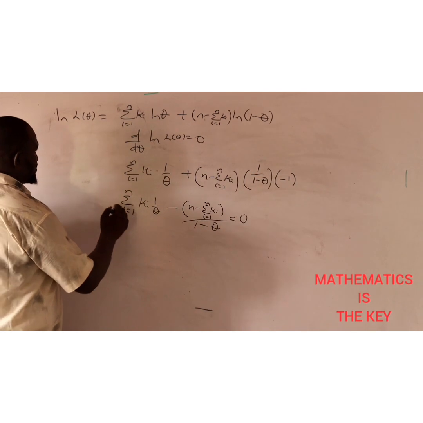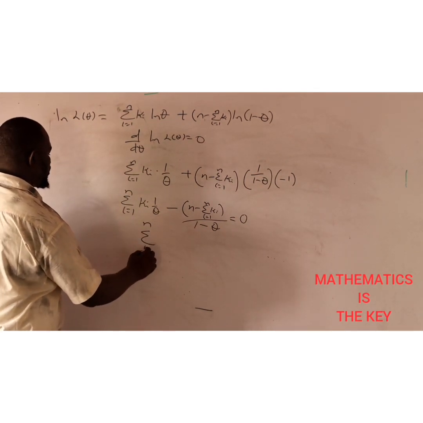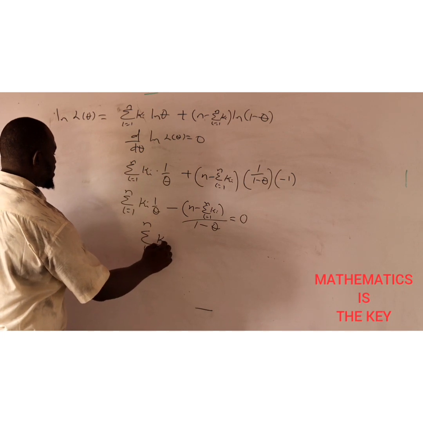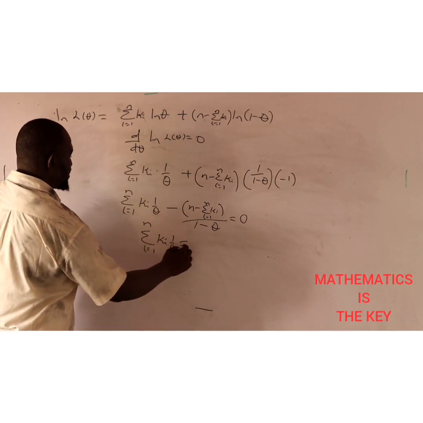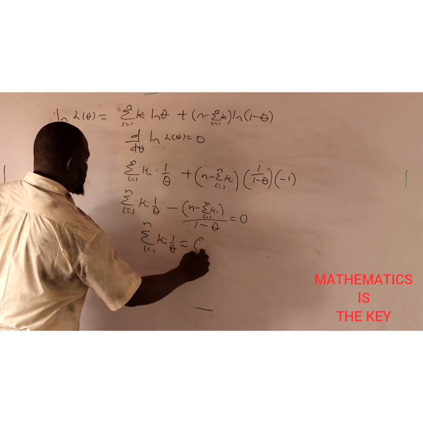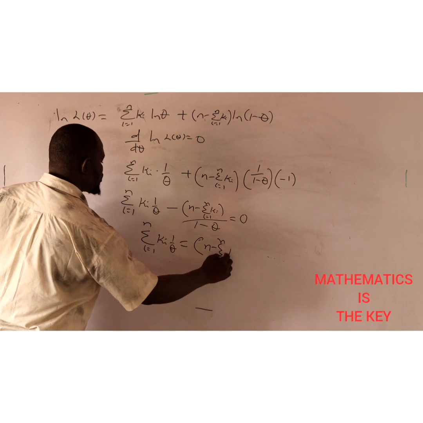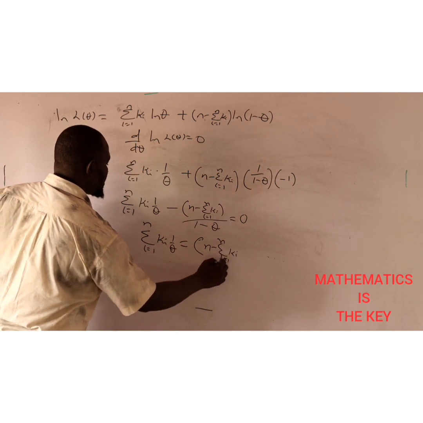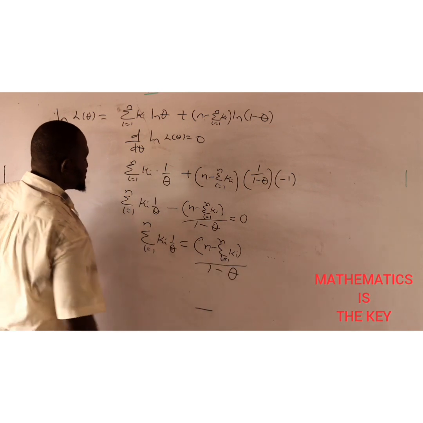Rearrange this. We will have summation from i equals 1 to n of ki times 1 over theta is equal to n minus summation from i equals 1 to n of ki all over 1 minus theta.